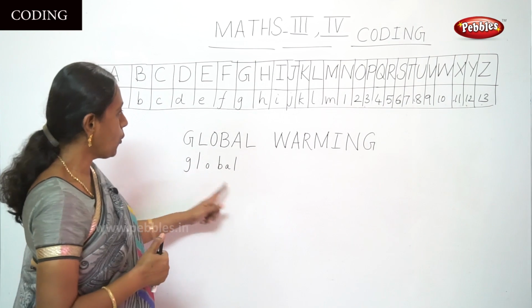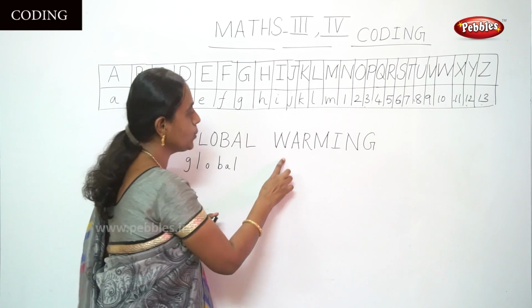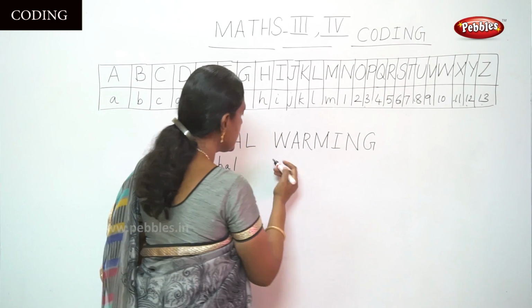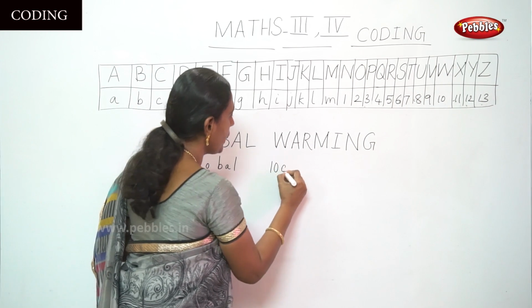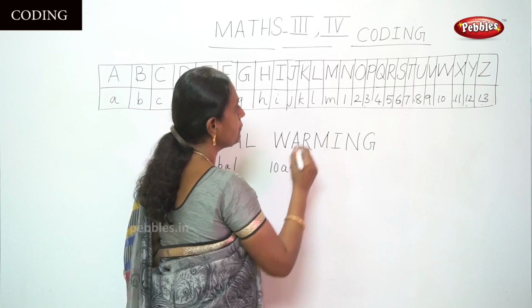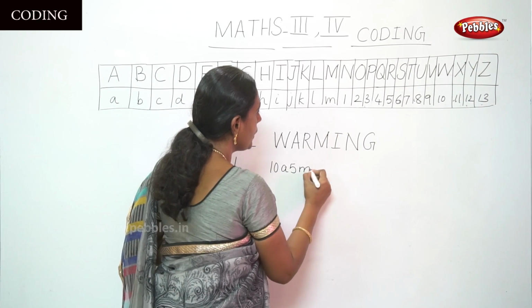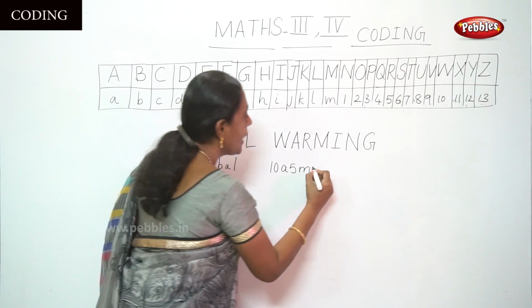And that is global. For warming, for W the number is 10. Again, a, that is small a. For R, the number 5. And for M, small m. And for I, a small i.